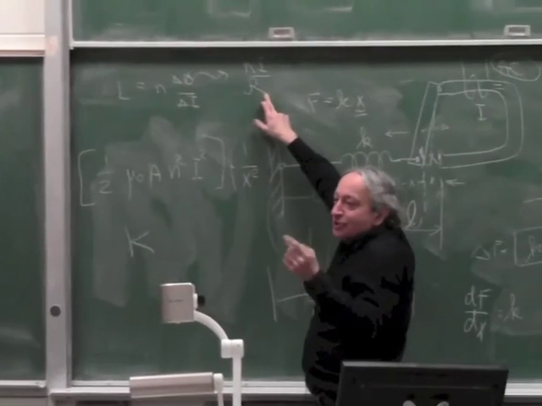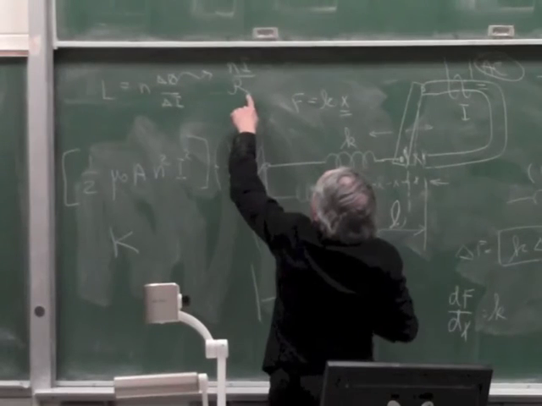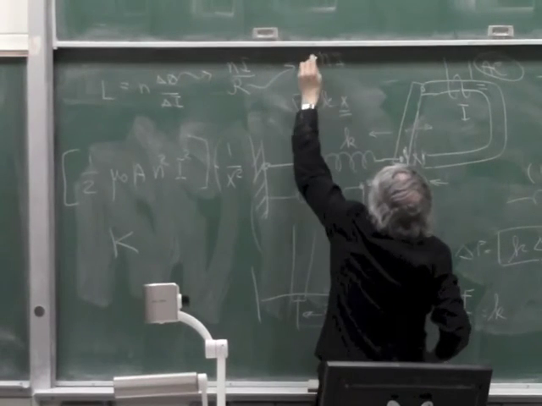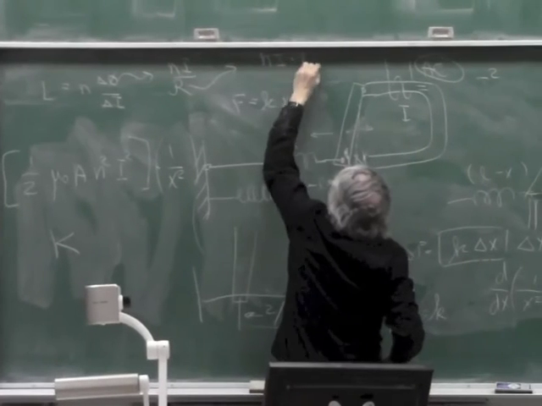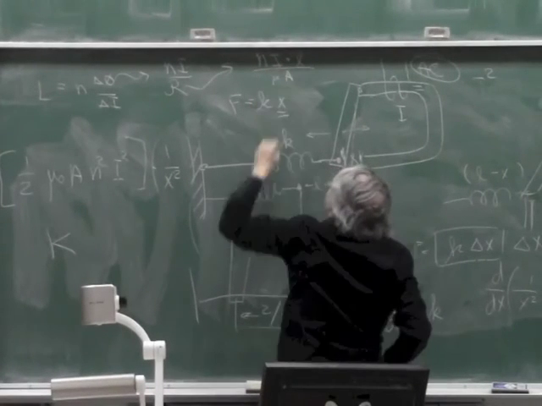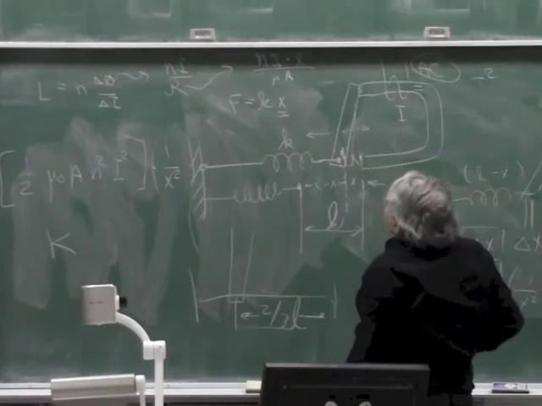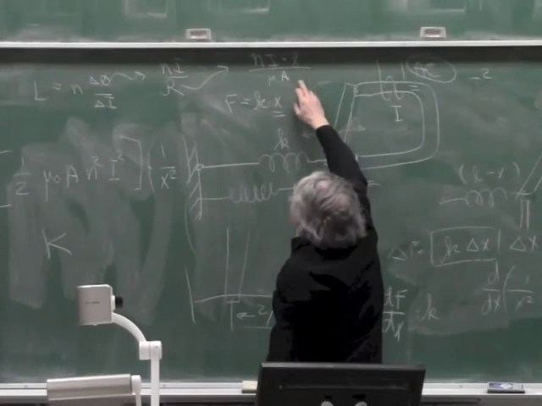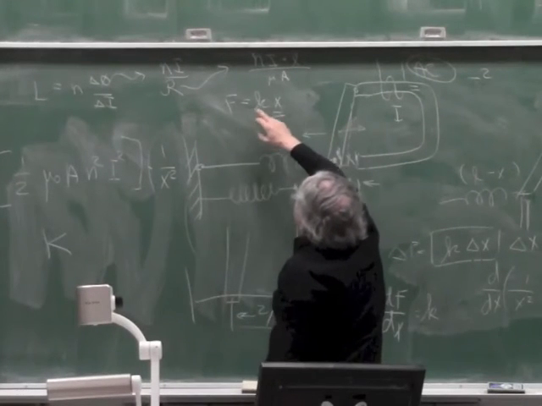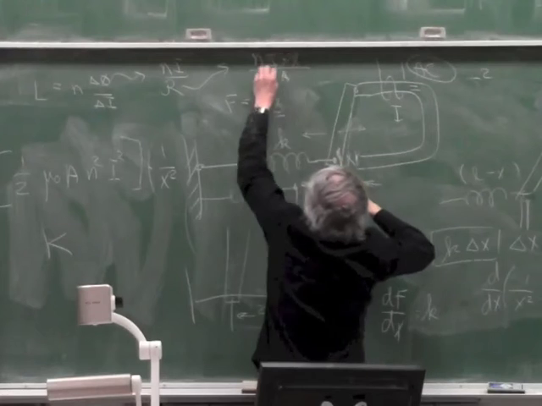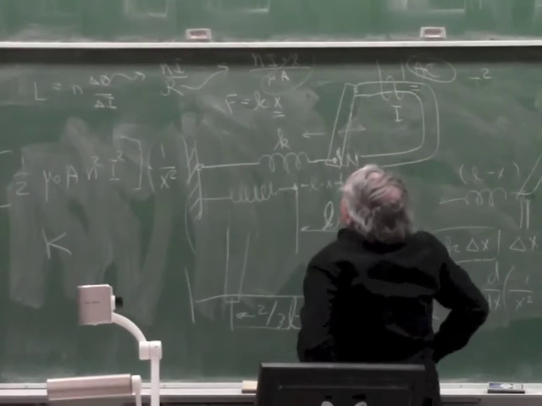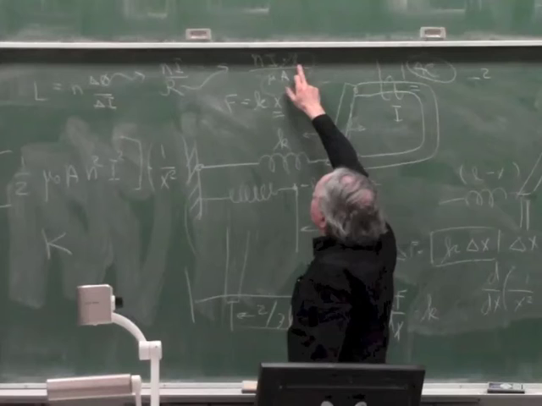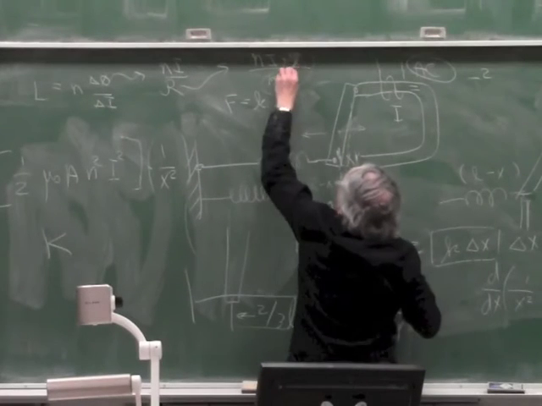just look back in your notes, one page back, R, we said R is Ni times L over mu A. Okay, so this is basically x. So the reluctance is this part. Basically the L here is the air gap, is x.